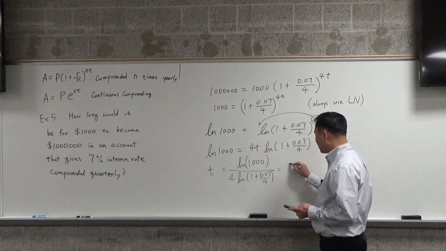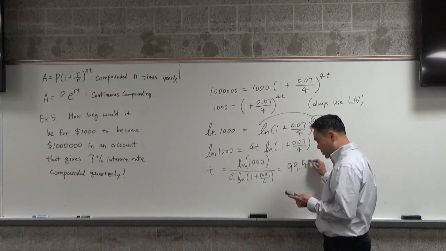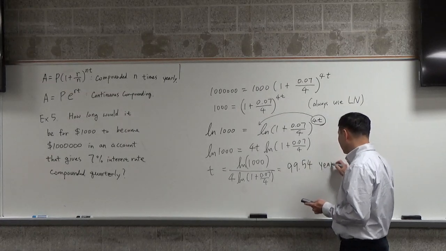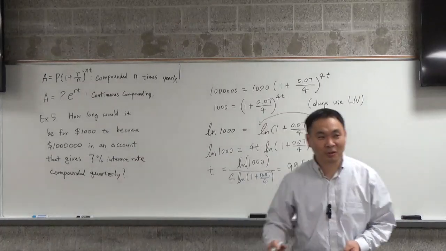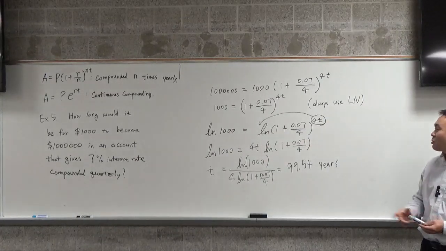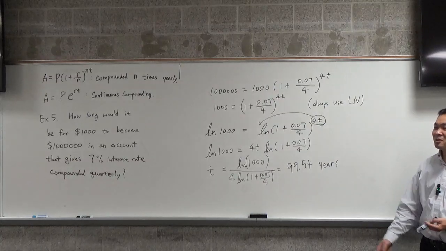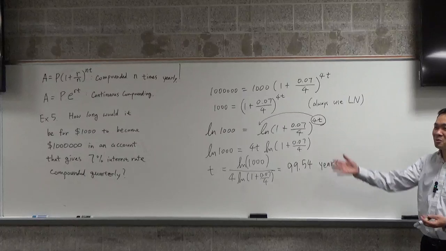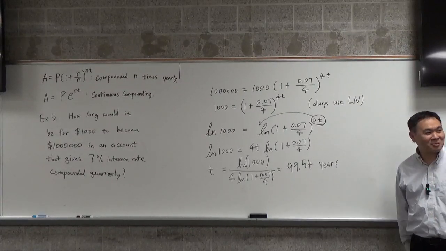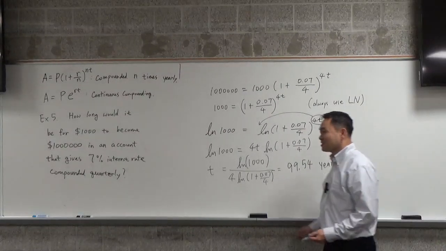So this is 99.54 years. Okay, so that makes sense. So when your grandkids grow up, you can give them this account, and then they're going to enjoy $1 million for the $1,000 that you invested when you were young.